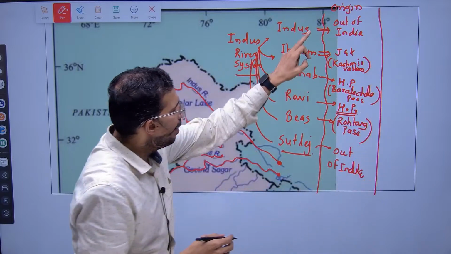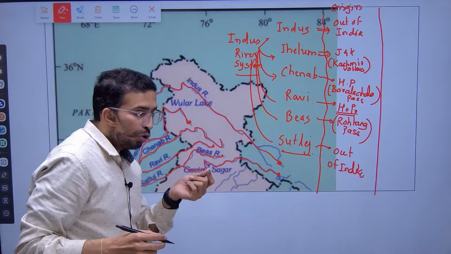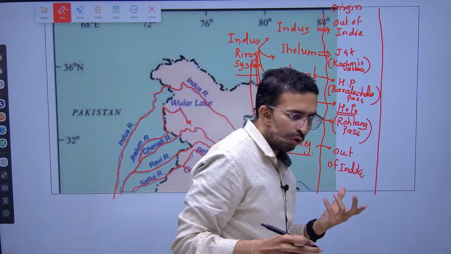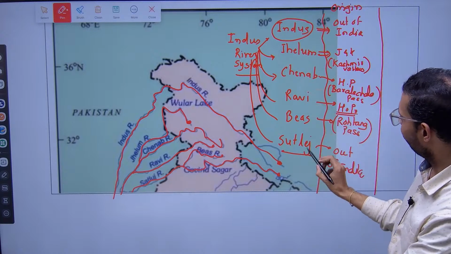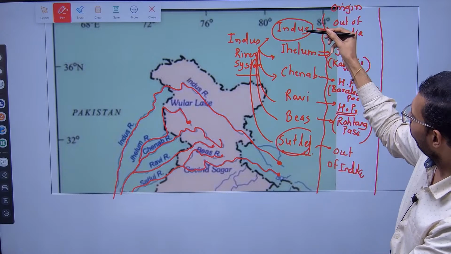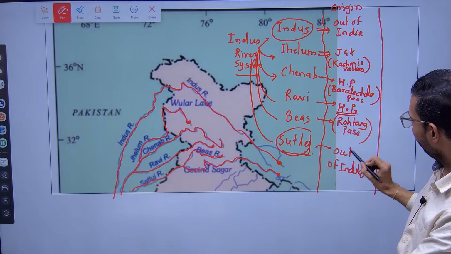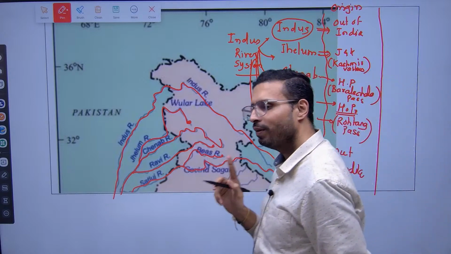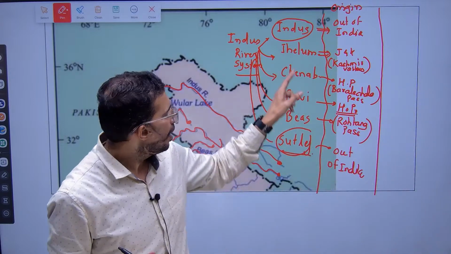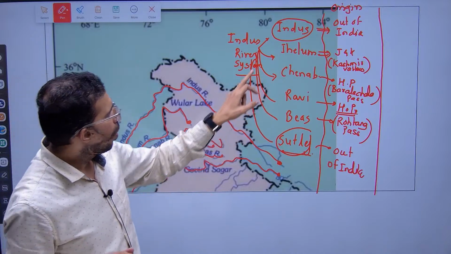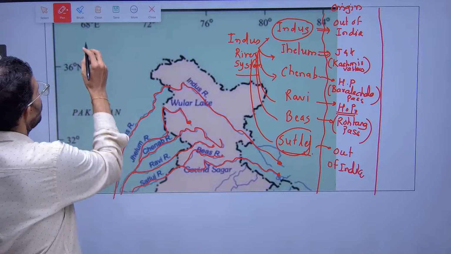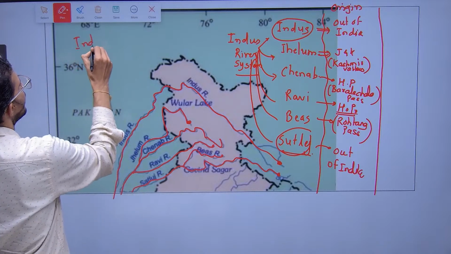So in the Indus river system, which two rivers originate out of India? The first, the main one, is the Indus, and the last one is the Satluj. So Indus and Satluj originate out of India. The rest of the rivers have their origin in India. Have you heard about the Indus Water Treaty?